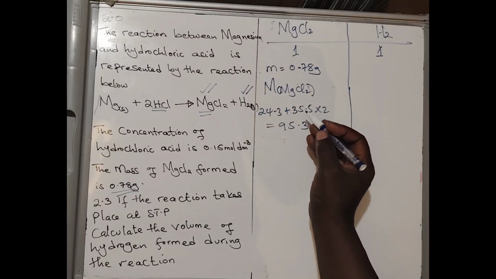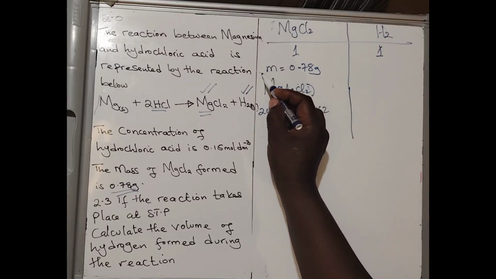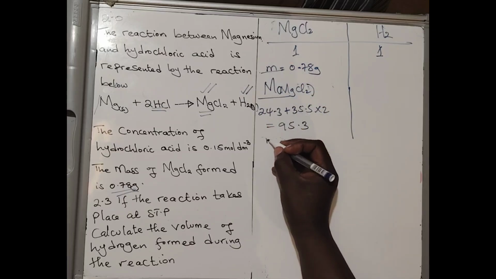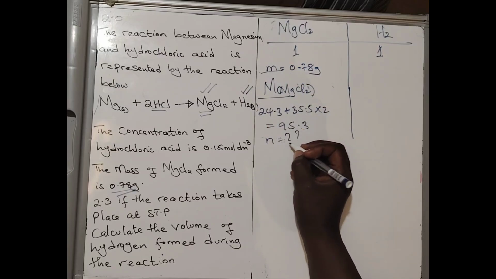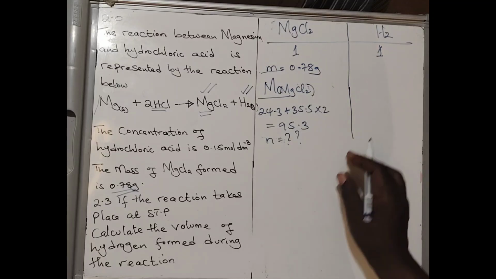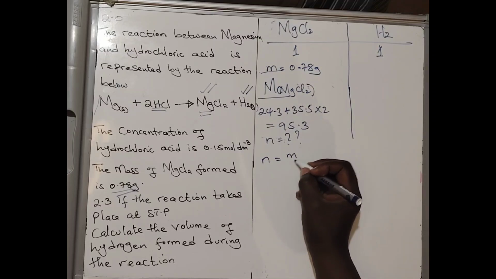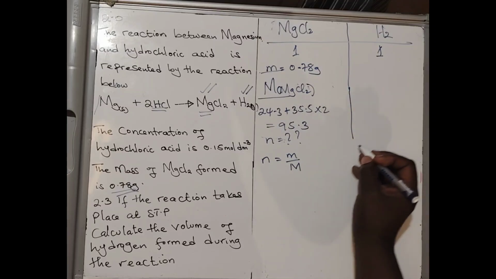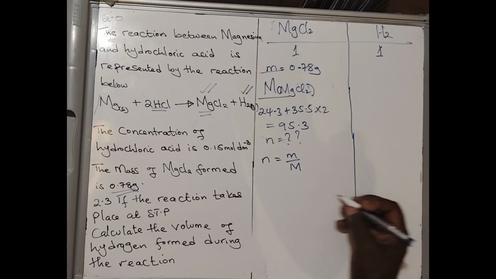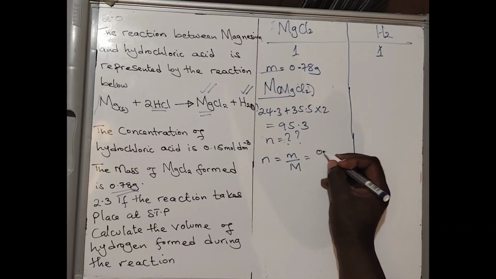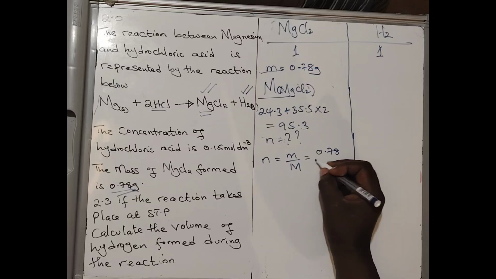From there, you have to remember that when you have the mass and you have the molar mass, then you can easily get the number of moles through which formula? Through the formula which says n is equal to mass over molar mass. So in this case, what is our mass? 0.78.